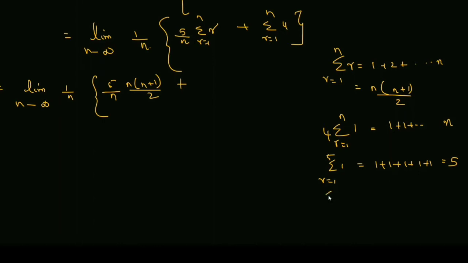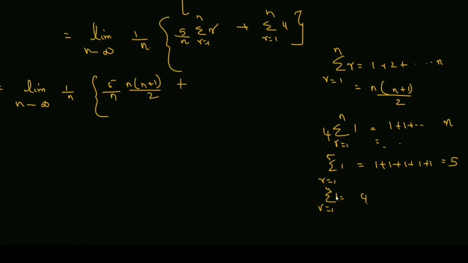If it is 4, you get 4 as the answer. You are adding 1 four times. So if it is r from 1 to n, what will be your answer now? You are adding 1 n times. So what will be the final answer? Sigma 1, r from 1 to 5, there is no r, that means you are adding 1 five times, you get the answer 5.